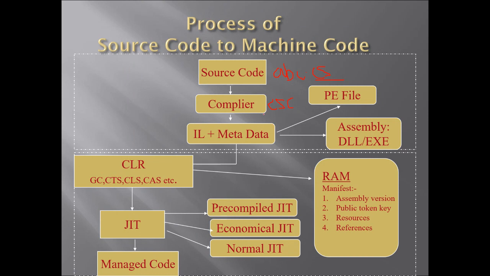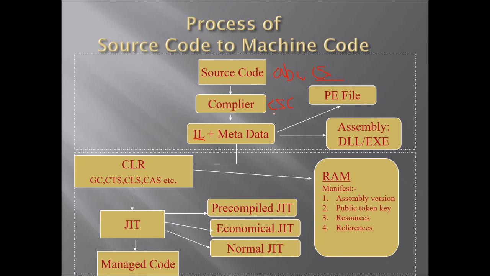That compiler is only responsible for converting to IL code instead of managed code. It is not responsible for converting into machine code. That IL code is a common language that is understood and compiled by the JIT.